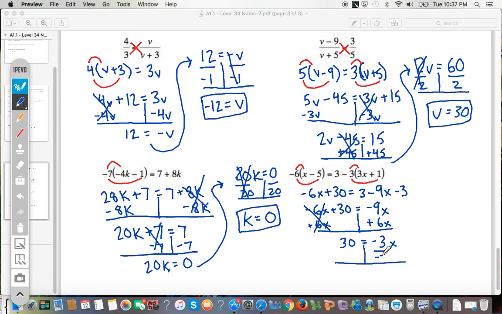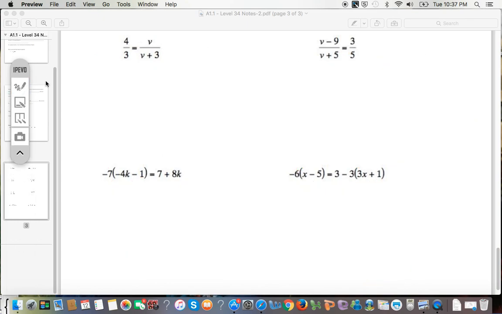Divide by negative 3 to get the x by itself on this side. Of course we do it on this side as well. Negative 3 divided by negative 3 is 1. So we know our x is by itself equals 30 divided by negative 3, which we know is negative 10. There. And with that, our A1.1 solving equations level 3 notes are completed.